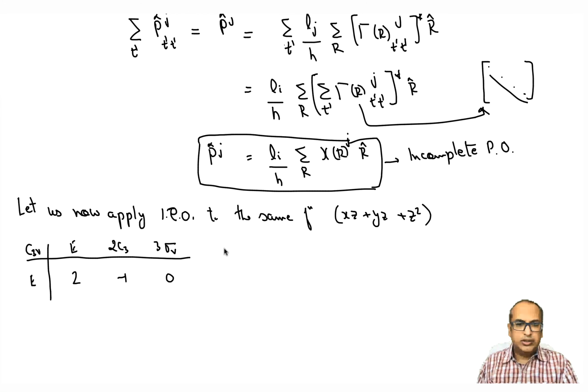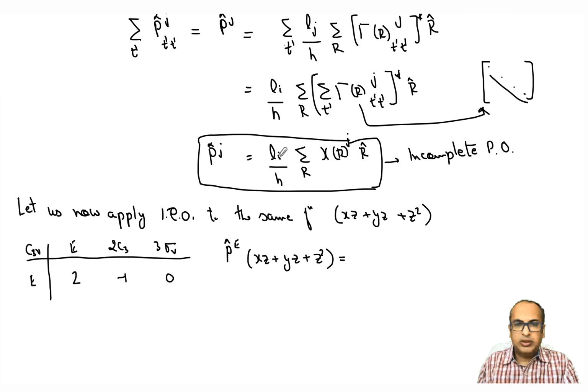So now let us try to calculate the projection of this function onto the E representation, which is represented like this: projection of xz plus yz plus z square onto the E representation.